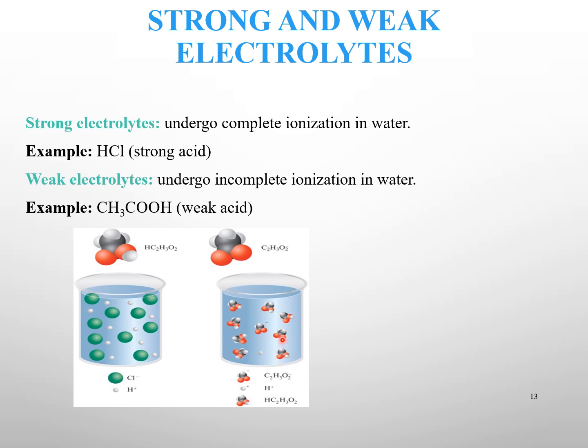That's a molecule, molecule, molecule, and so on. But then there's one ion, and there's another ion here. This is the anion, the acetate ion, and the cation, the H plus. So most of it stays as a compound, but very few of them will actually ionize. This is why acetic acid is a weak acid, and it's a weak electrolyte because it has fewer ions in the solution.